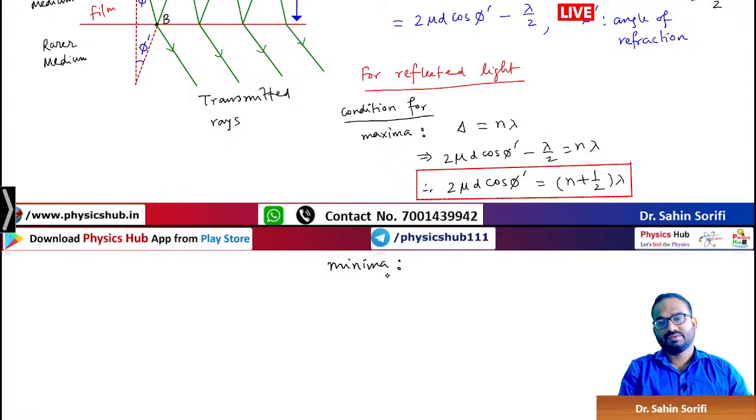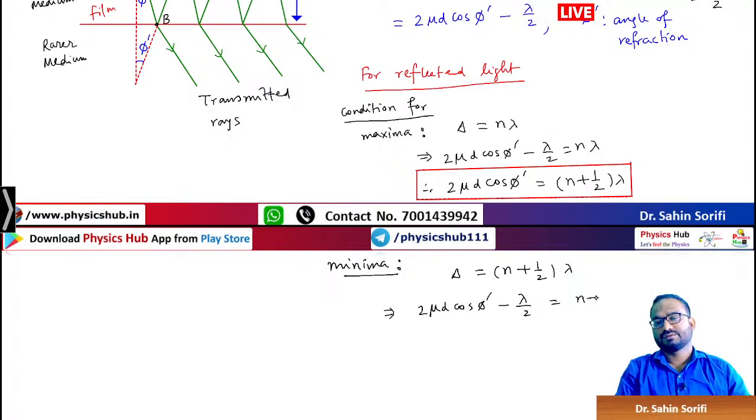What is the condition for minima? Delta is equal to n plus half times lambda, we know that. It means twice mu D cos phi prime minus lambda by 2 is equal to n plus half lambda.